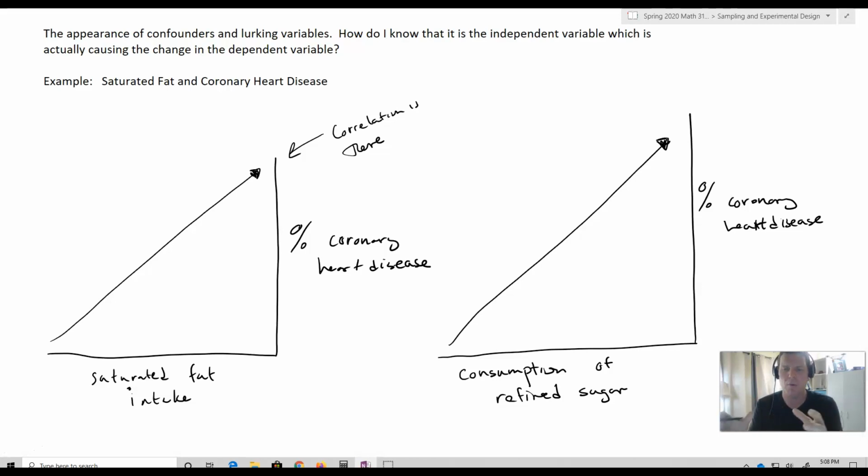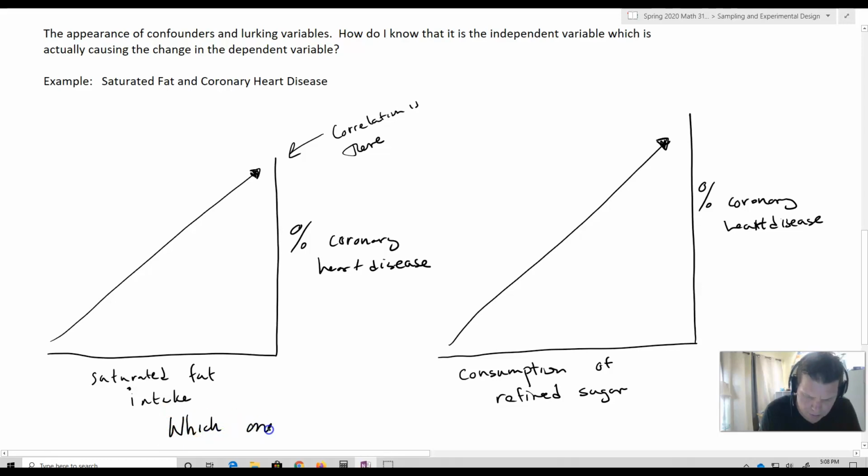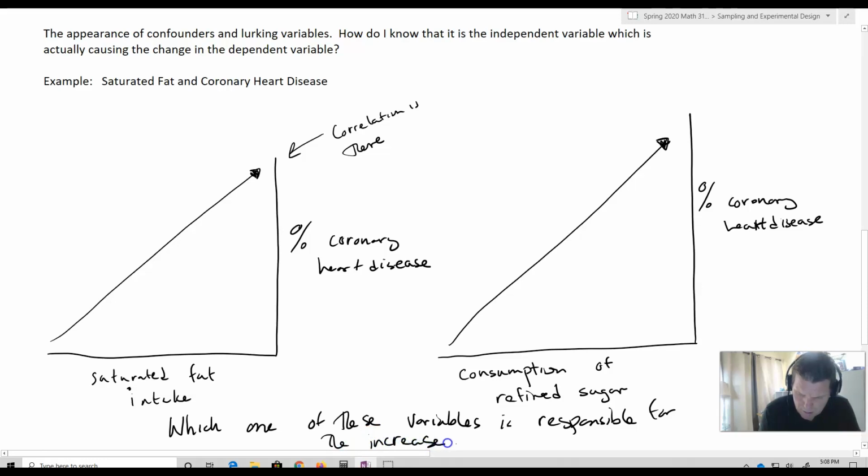Well, which one's doing the work? Which one of these variables, and this is a big question, is responsible for the increase? Which one is it?